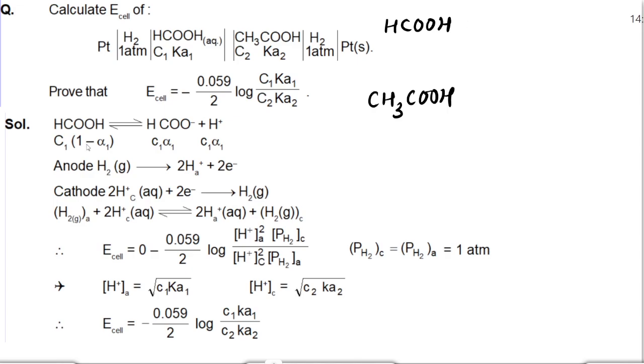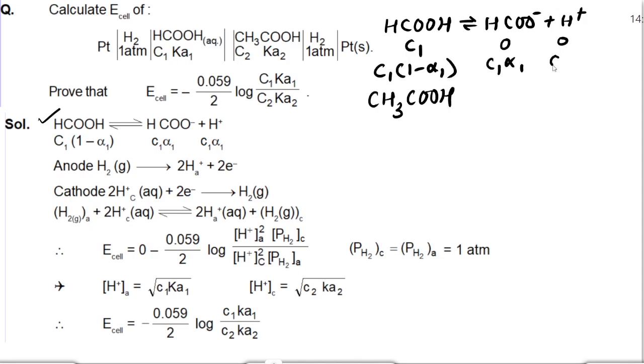So in the first case HCOOH gives HCOO negative plus H+. Initially the concentration is C1, 0, 0, and at equilibrium, if alpha is the degree of dissociation, it is C1 times 1 minus alpha 1, C1 alpha 1, C1 alpha 1.